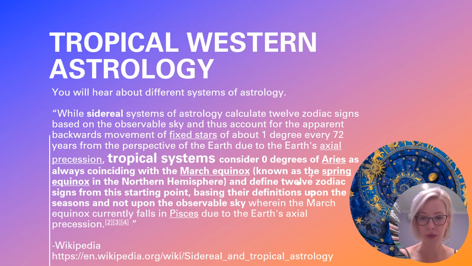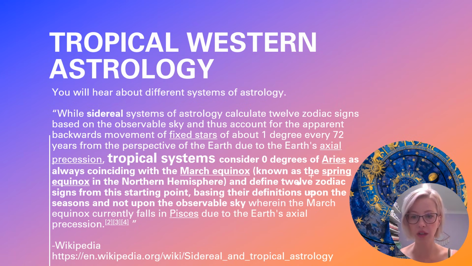This is another Wikipedia definition: while sidereal systems of astrology calculate 12 zodiac signs based on the observable sky, keyword observable sky, and thus account for the apparent backwards motion of fixed stars about 1 degree every 72 years from the perspective of Earth due to Earth's axial precession. So wait.